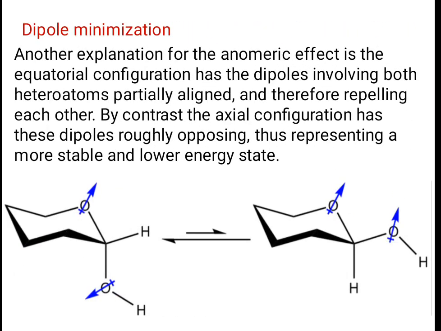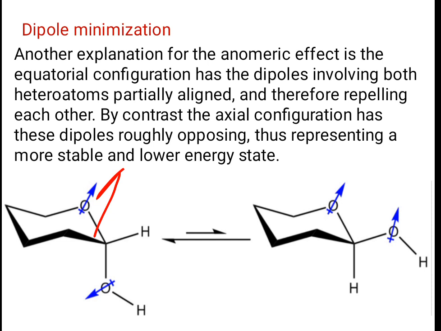Another reason is dipole minimization. Another explanation for the anomeric effect is that the equatorial configuration has the dipoles involving both heteroatoms partially aligned and therefore repelling each other. By contrast, the axial configuration has these dipoles roughly opposing, thus representing a more stable, lower energy state.